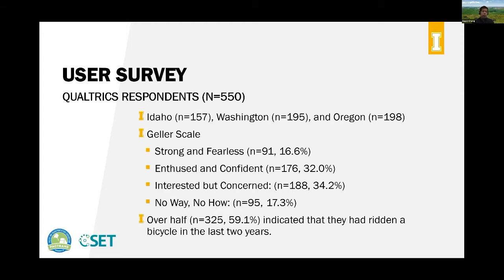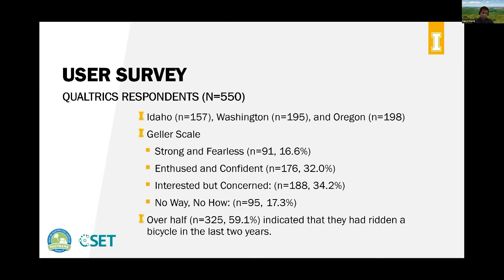And as part of the survey, we wanted to ask folks, how would you characterize yourself as a bicycle rider? And we used this Geller scale. Roger Geller was a bicycle coordinator in Portland, Oregon, and he developed this scale a couple years ago. And so all of us would fall into one of these categories. We self-categorize ourselves as a strong and fearless bicycle rider.